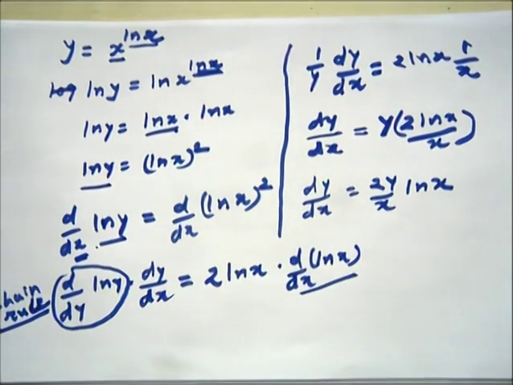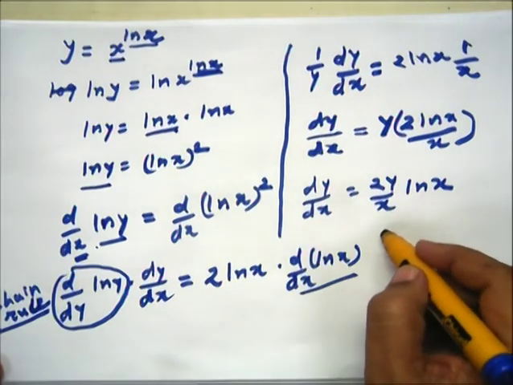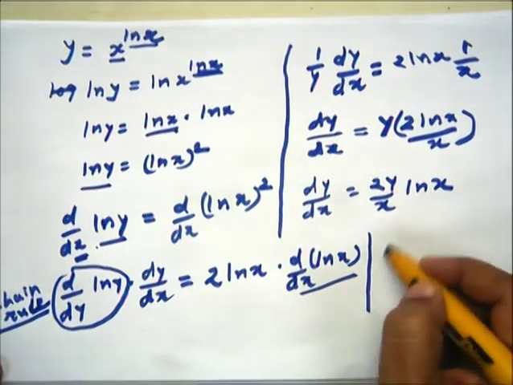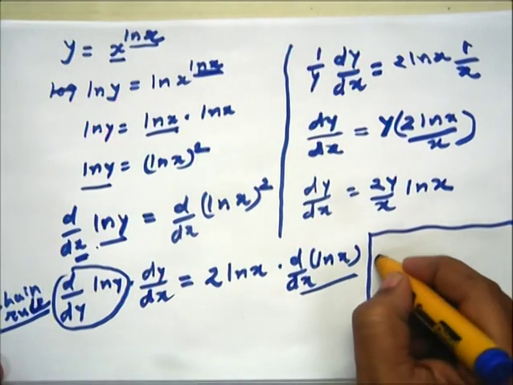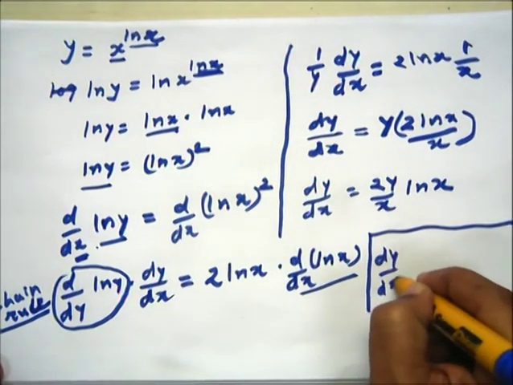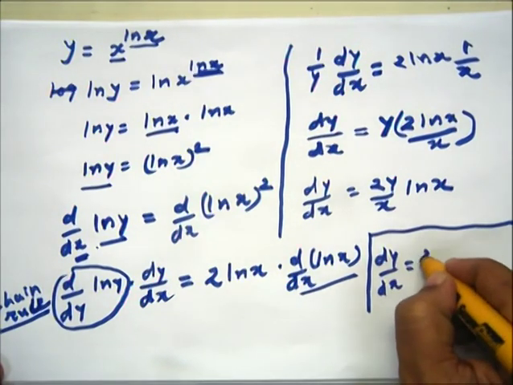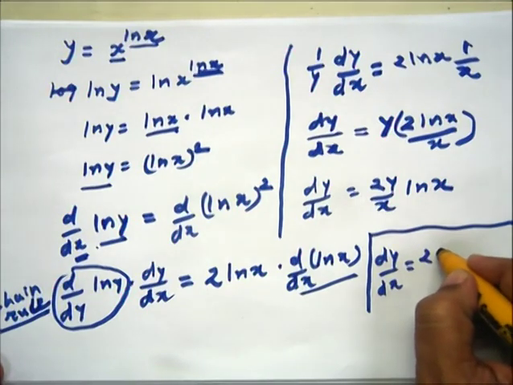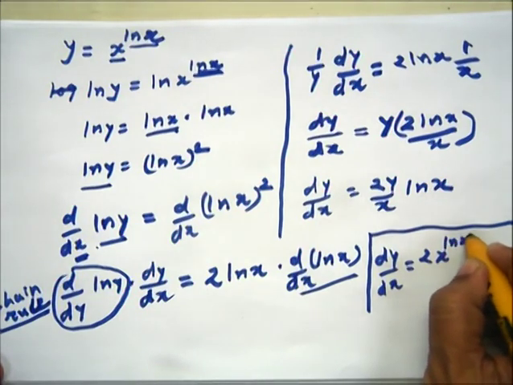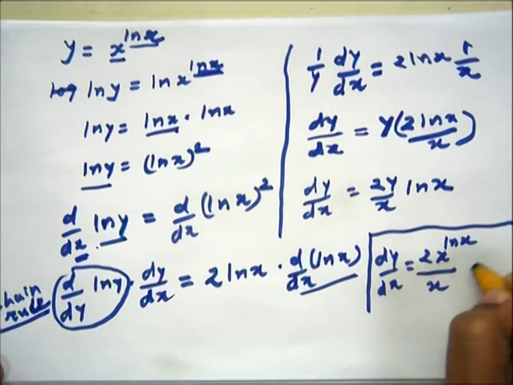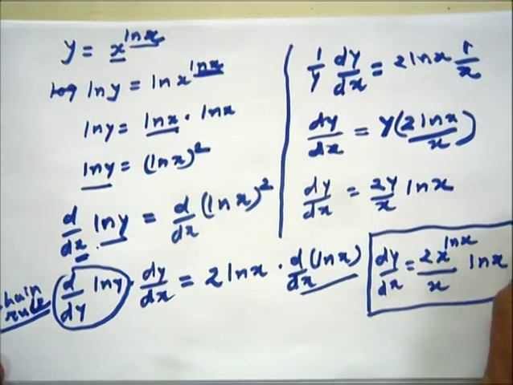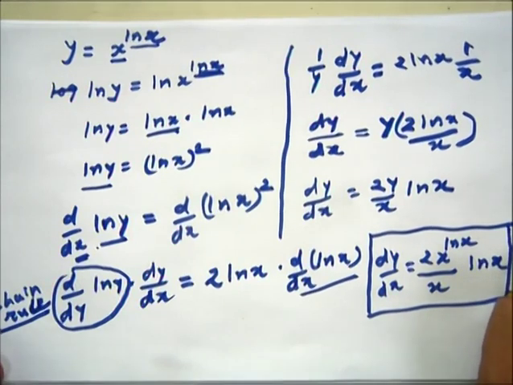Now substituting the value for y, we have the answer, that is dy by dx is equal to 2 times y, where y is x raised to log x, upon x into log x. So this is the final answer of this.